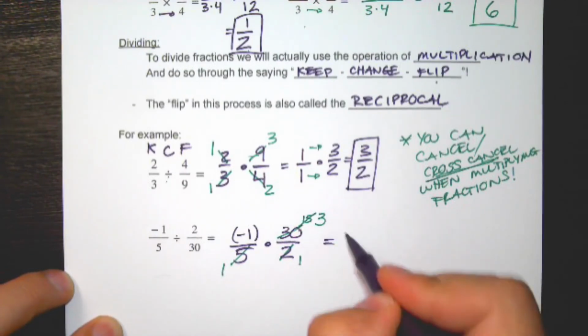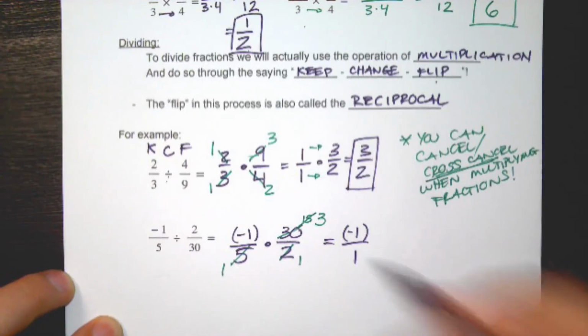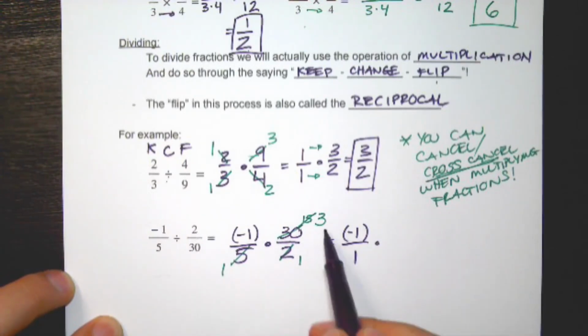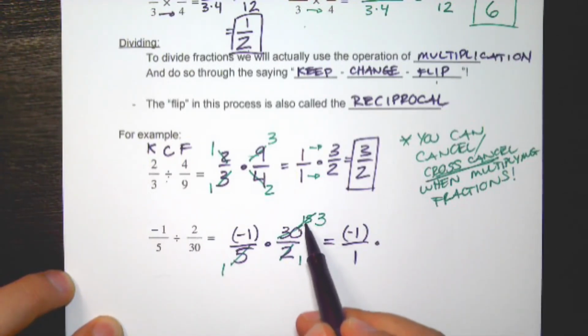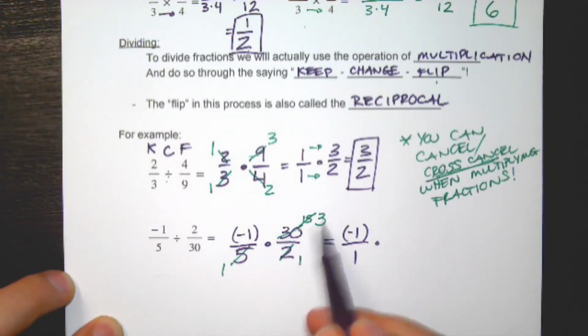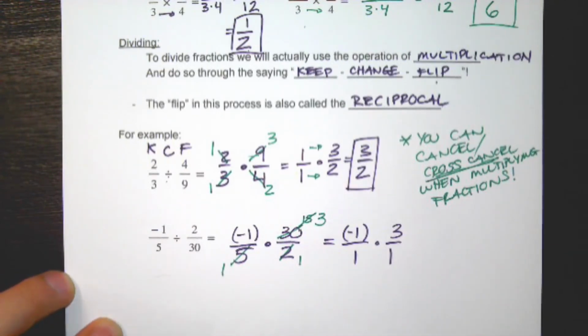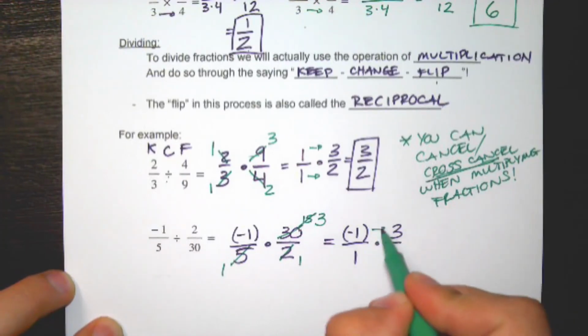So I'm going to rewrite this just so I can see what we have going on. We have -1 now over 1. And then we have now not 15, but we canceled it twice, right? From 30 to 15, then 15 to 3 with that 5. We have 3 over 1. Well, it's just multiplication. Ton of stuff already canceled out.